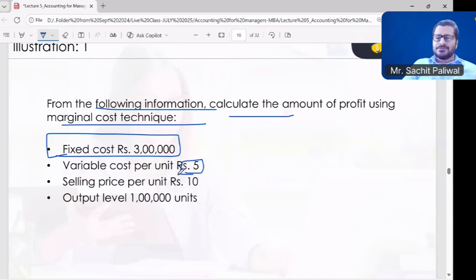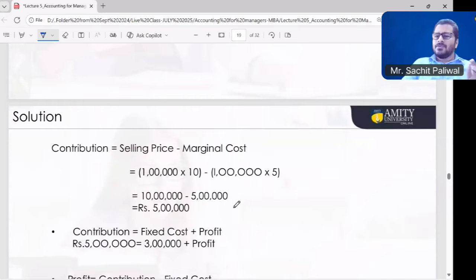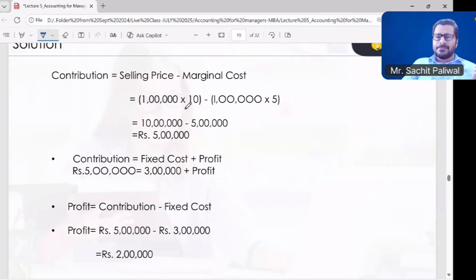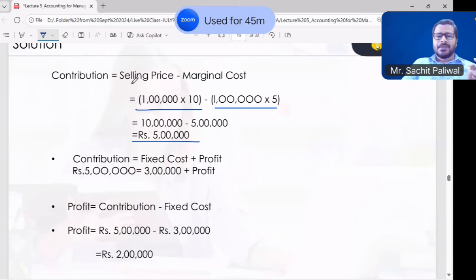What is the selling price of your product? 10 rupees. How many units are you going to manufacture? 1 lakh. So 1 lakh units multiplied by 5, so 5 lakh is your variable cost. 1 lakh multiplied by 10, so you know that your selling price is 10 lakh rupees.